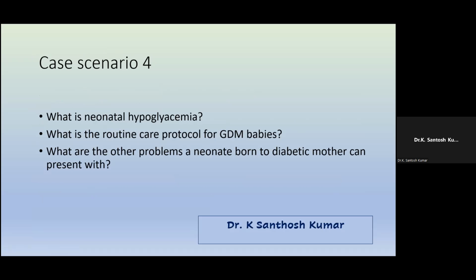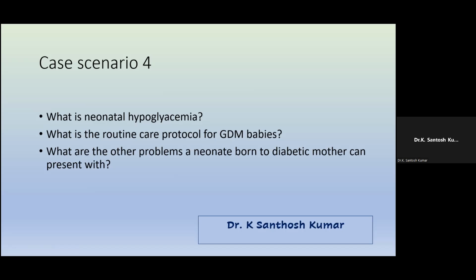Polycythemia and hyperviscosity are two major complications of the infant of a diabetic mother. This hyperviscosity in turn can lead to excessive hemolysis and cause hyperbilirubinemia. These are the three major complications: polycythemia, hyperviscosity, and neonatal jaundice.